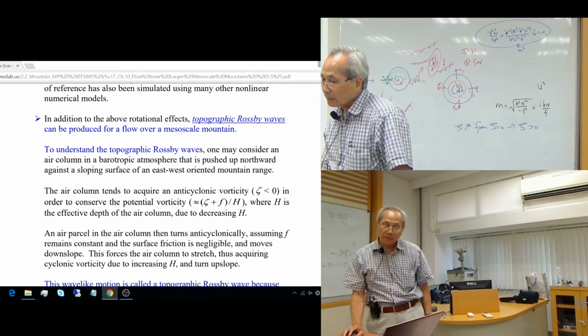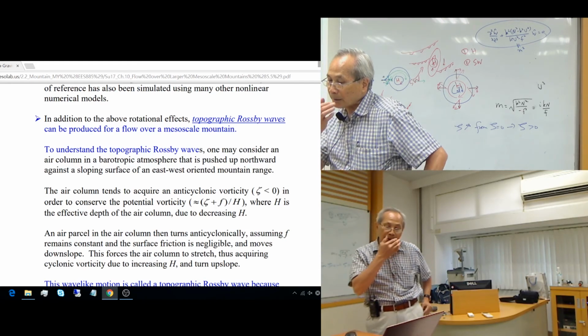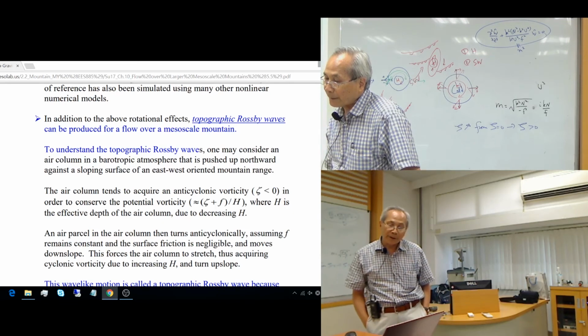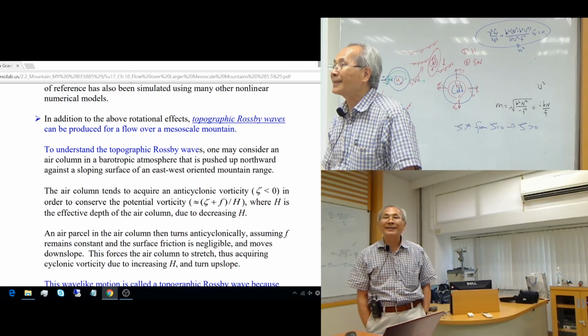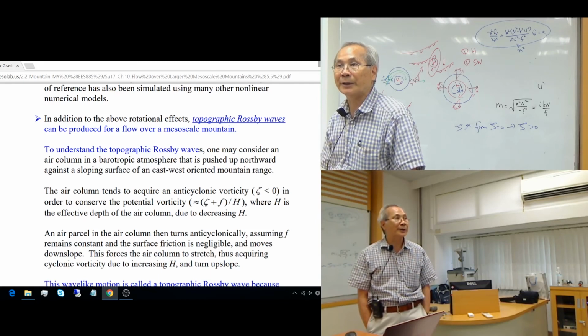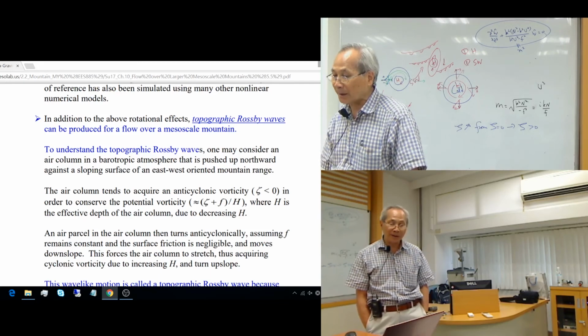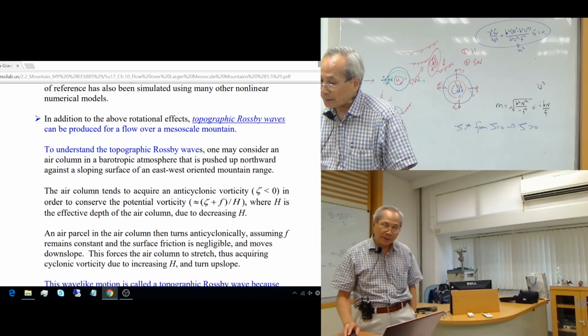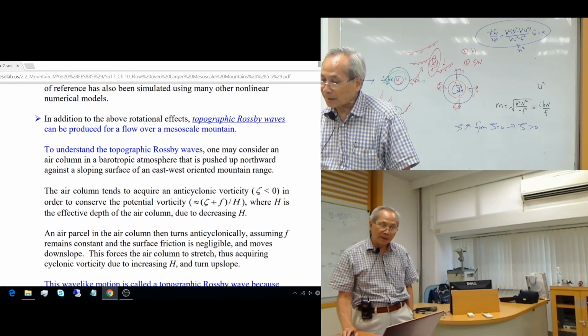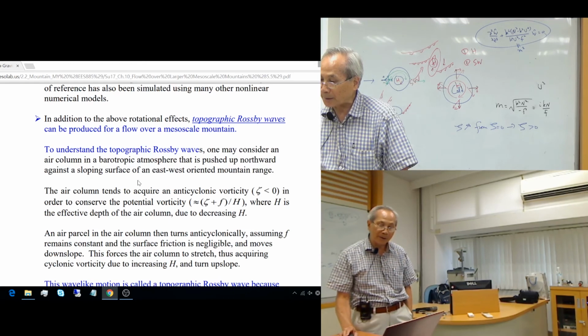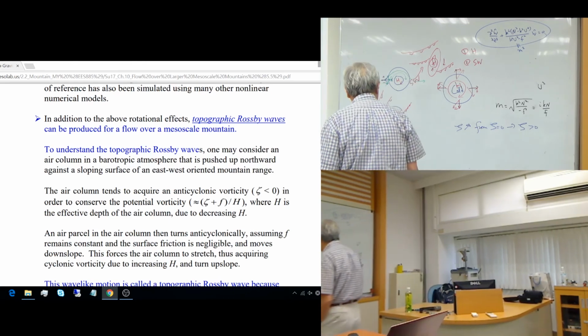Okay, the other thing is about topographic Rossby waves, which occasionally you will hear people mention, and also occasionally you will read papers talking about topographic Rossby waves. To understand that, you can consider a barotropic atmosphere that is pushed northward against the slope of an east-west oriented mountain.